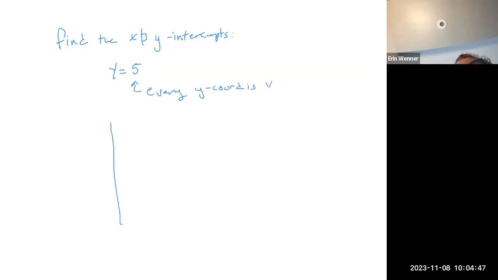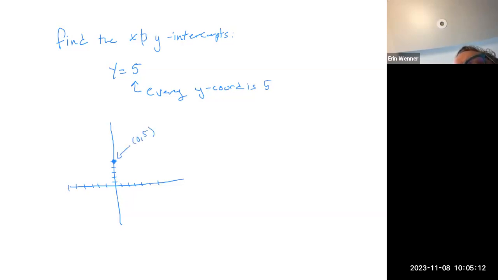So if I were to make the graph, if every y coordinate is 5, let's go. We're looking at 1, 2, 3, 4, 5. So the first point is going to be right here, and that's the point 0, 5.